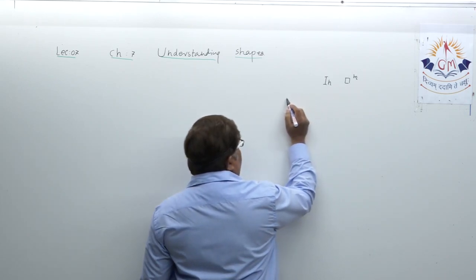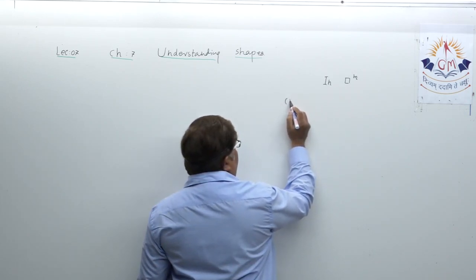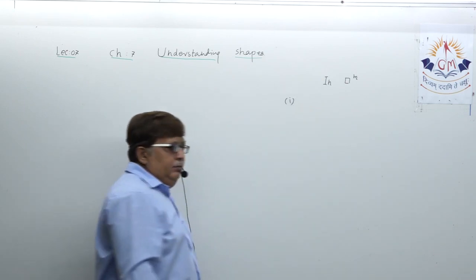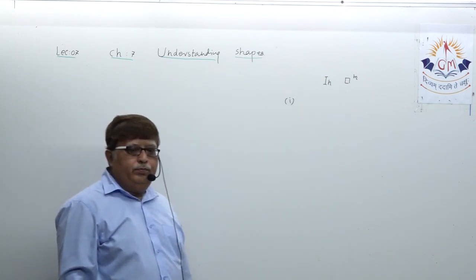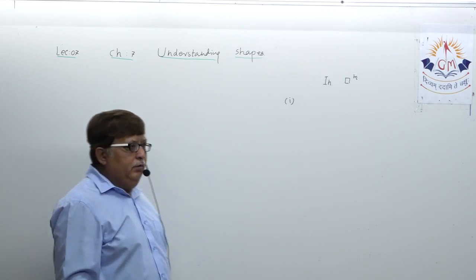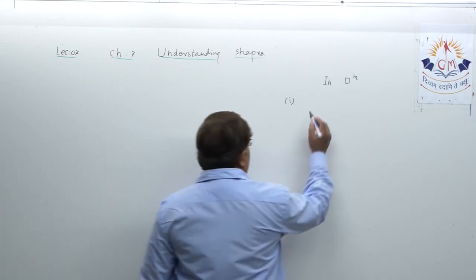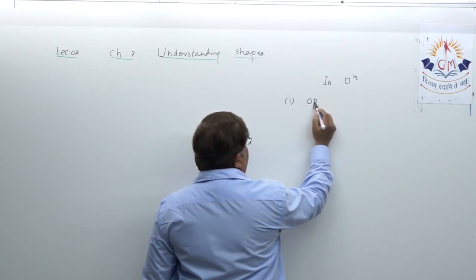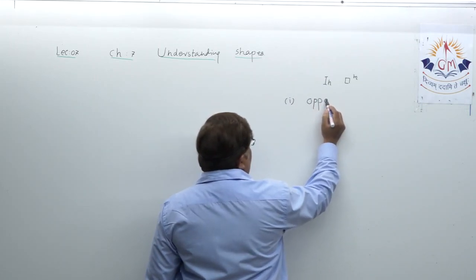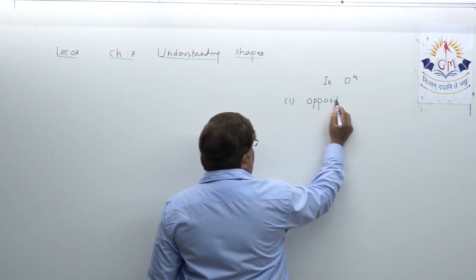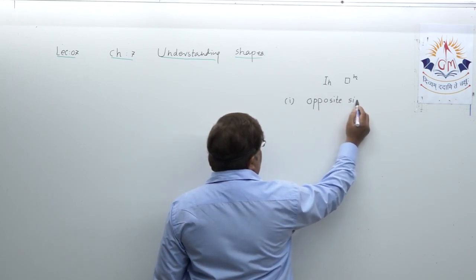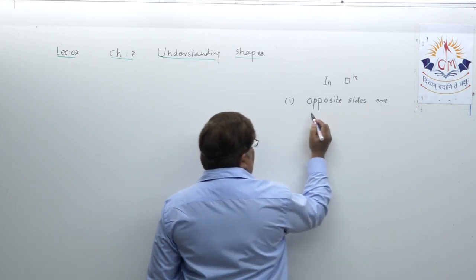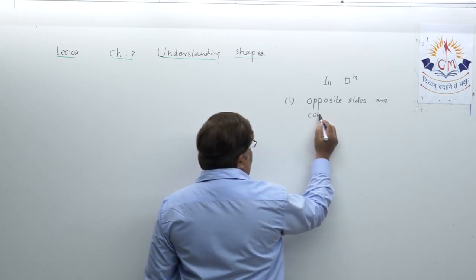Which property we proved, if you can remember? The first one, in parallelogram we have proved, what was that? Opposite sides are congruent.